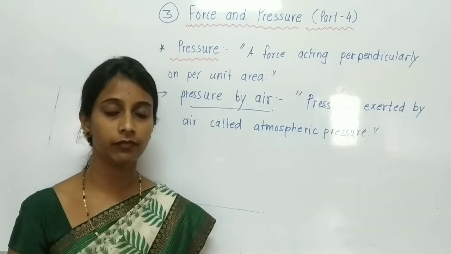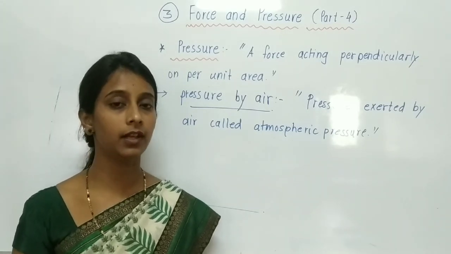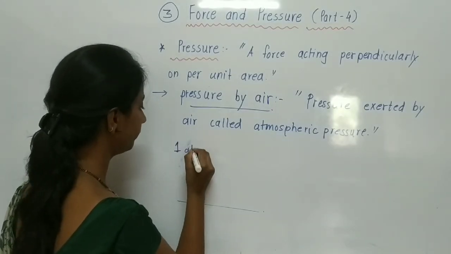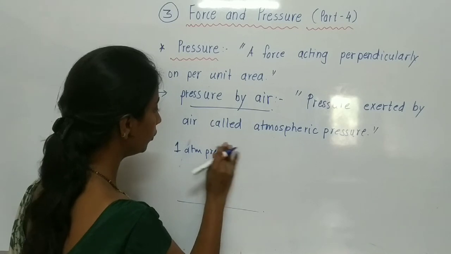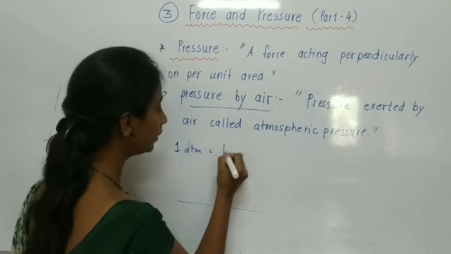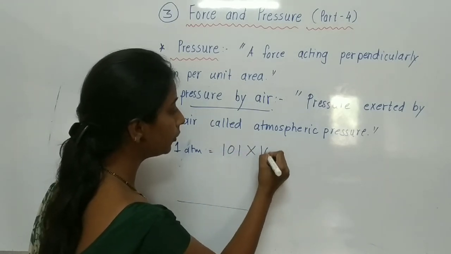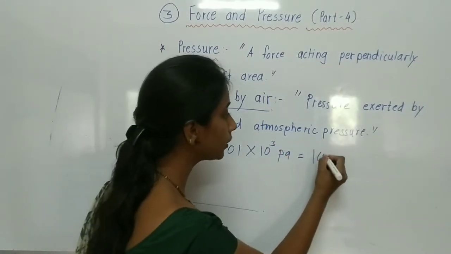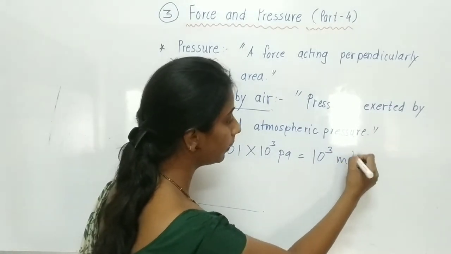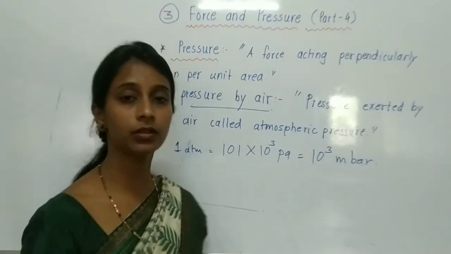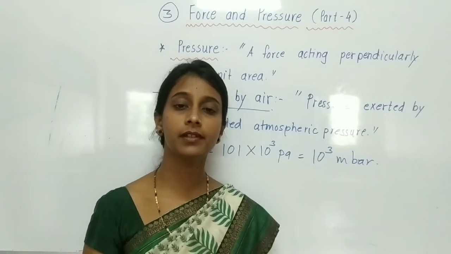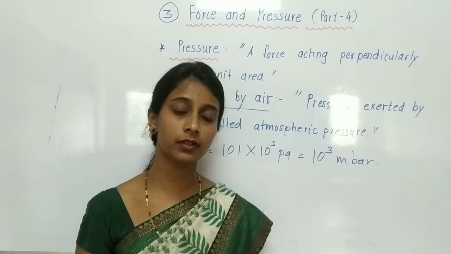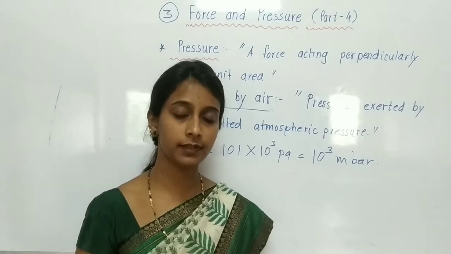Now one atmosphere is equal to 101 into 10 raised to 3 Pascal, which is again 10 raised to 3 millibars, and air pressure or atmospheric pressure is measured in millibars. So this is about pressure exerted by solids, liquids and gases.